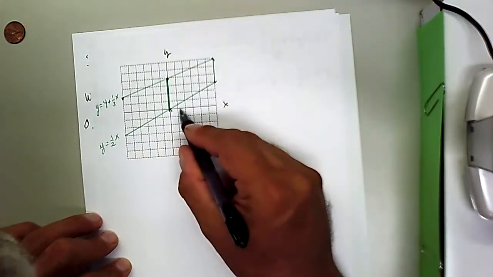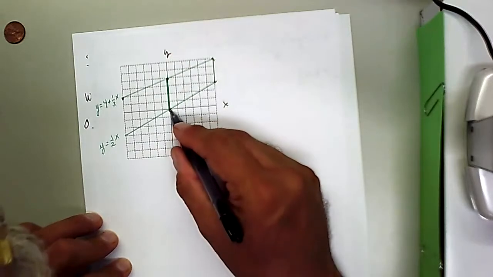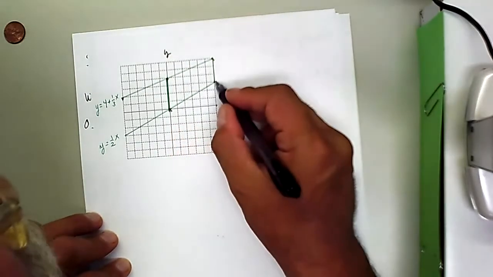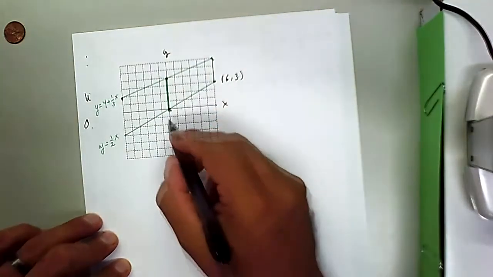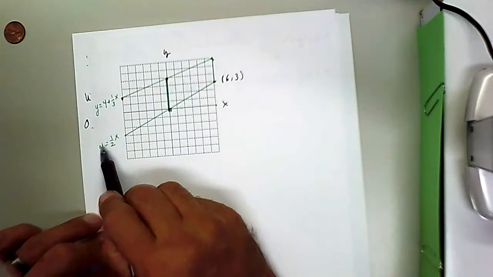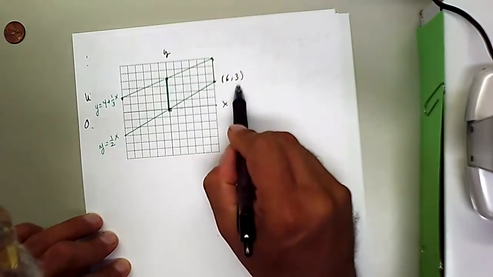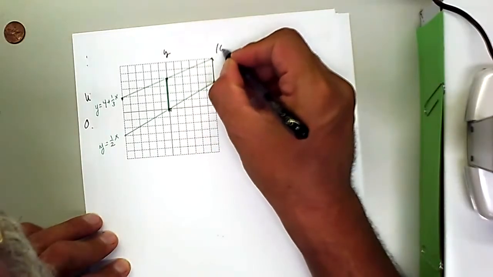We're going to assume that each one of those squares is a 1 by 1 square. For instance, this point up here will be 6, 3, which makes sense, because when you plug in 6, 1/2 times 6 gives you 3 as an output. This point up here is going to be 6, 6.